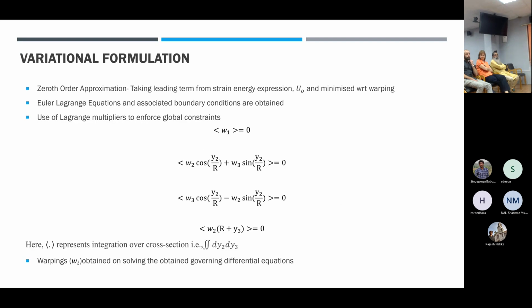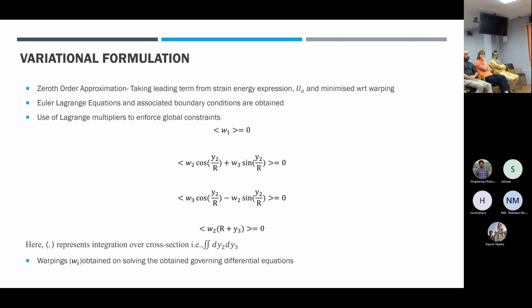Then we use the variational formulation, where we minimize the zeroth order strain energy functional with respect to the unknowns, which for our case are the warpings. And then we get the Euler-Lagrange equations and the associated boundary conditions. We use Lagrange multipliers to enforce some global constraints.